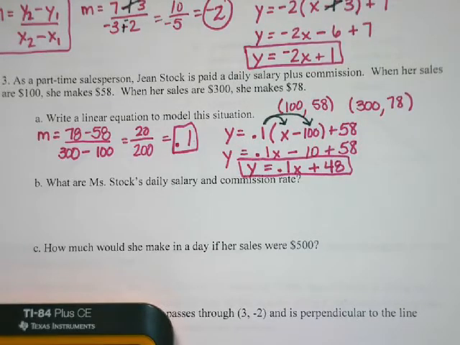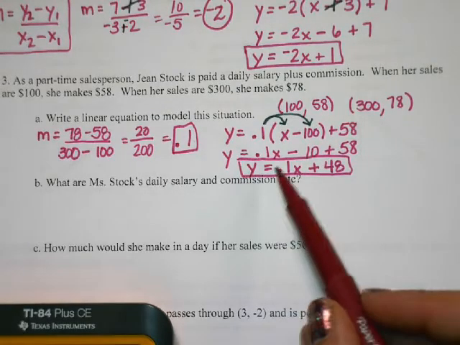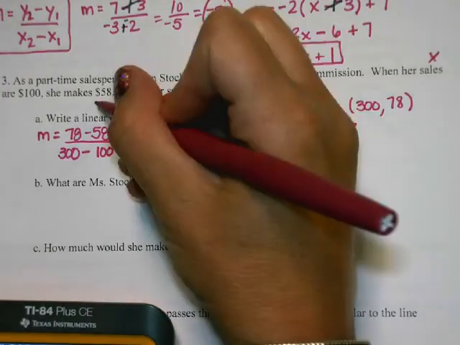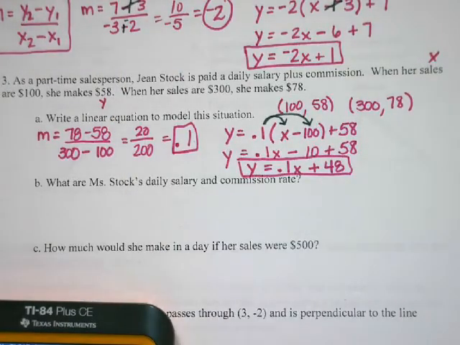Okay, so look there at B. B says, what are Miss Stock's daily salary and commission rate? If she doesn't sell anything, x would be her sales, right? We talked about her sales being x, and what she makes is y.